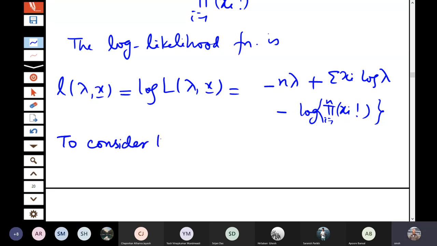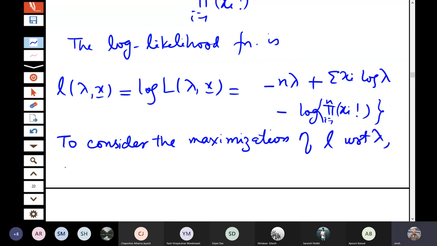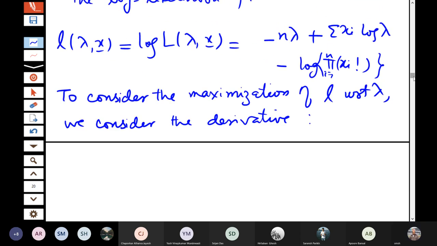To consider the maximization of l with respect to lambda, we consider the derivative, dl by d lambda.